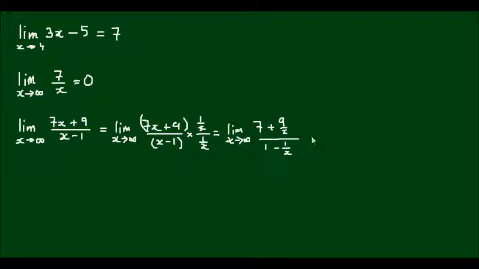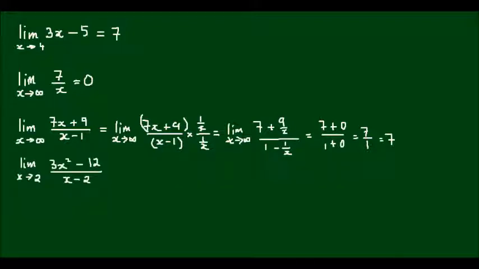So is 1 over x. So that's going to mean I'm going to get 7 plus 0 divided by 1 minus 0, which is equal to 7 over 1, which is equal to 7. So the limit as x approaches infinity of 7x plus 9 divided by x minus 1 is equal to 7.